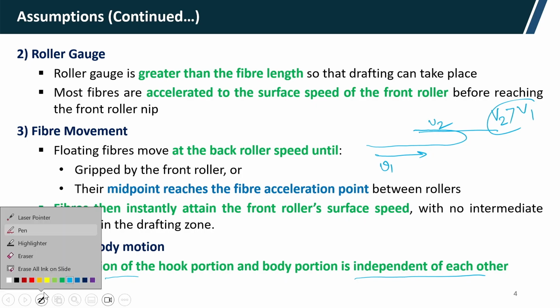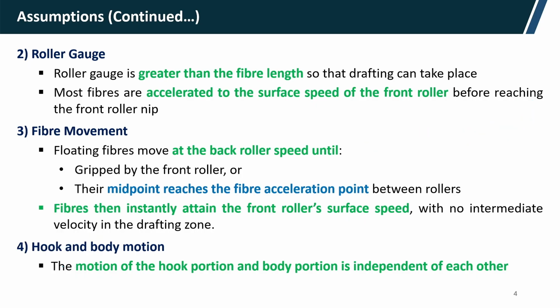So, this is the assumption: body and hook portion are independent, although they are part of the same fiber, they can move independently. Their accelerating point will be at the same position.